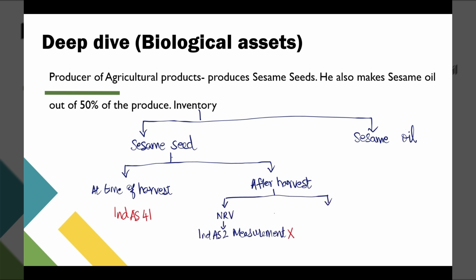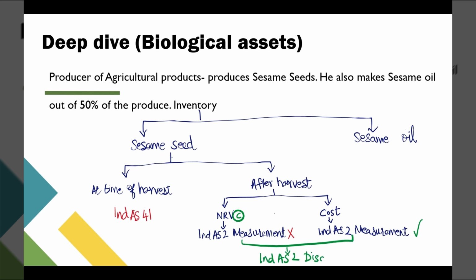If it is valued at NRV, then Ind AS 2 measurement alone won't be applicable, provided there is an active market and negligible risk, so NRV is adopted. After harvest, if the inventory is valued at cost, then Ind AS 2 measurement will be applicable. However, in either scenario, the disclosure requirements as per Ind AS 2 are applicable.